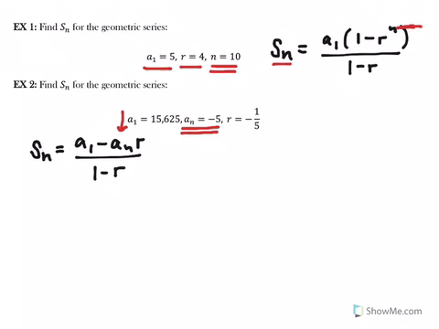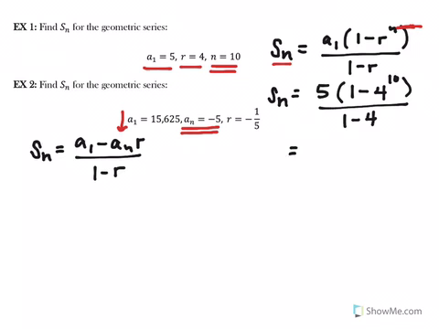So we're just going to solve for the series here is equal to plug in 5 for a sub 1 times 1 minus r is 4 raised to the n is 10, all divided by 1 minus r, which is 4. So we'll just do 4 to the 10th, which is a pretty big number.